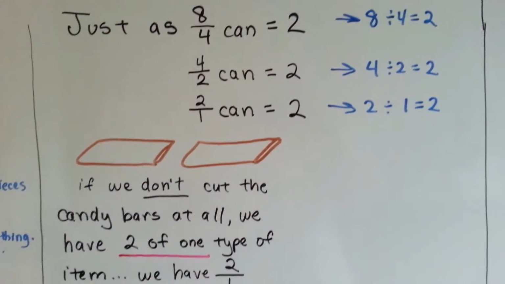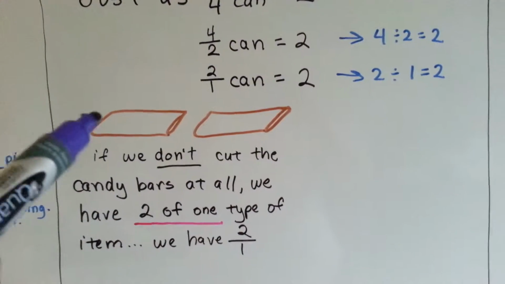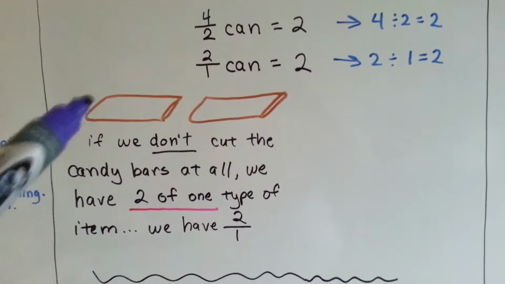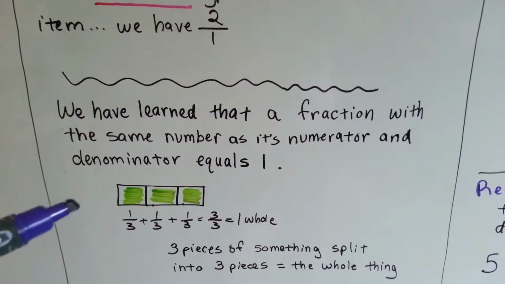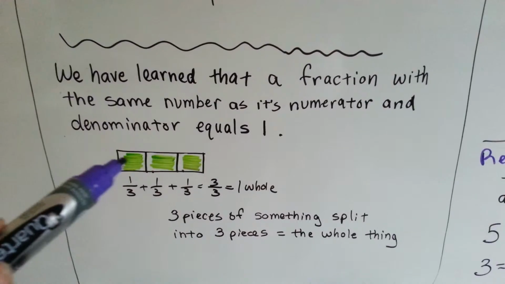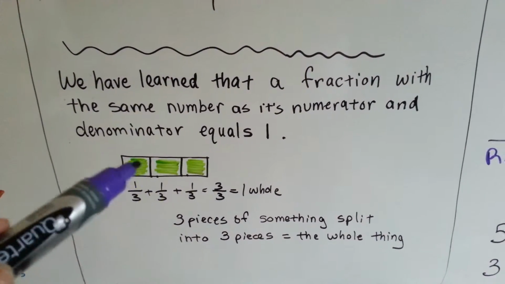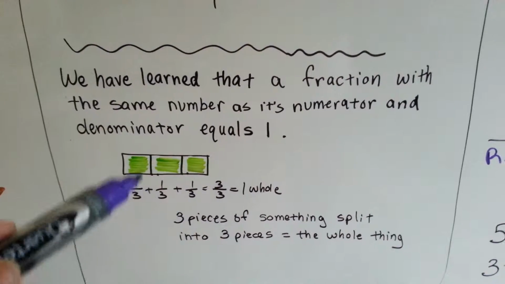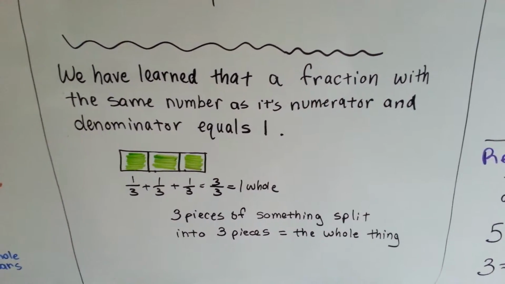See? If we don't cut the candy bars at all, we have 2 of one type of item. We have 2 of 1. We have learned that a fraction with the same number as its numerator and denominator equals 1. If this is a lime candy cut into 3 pieces, and we have all 3 of them, we've got the whole candy. 3 pieces of something split into 3 pieces is the whole thing.